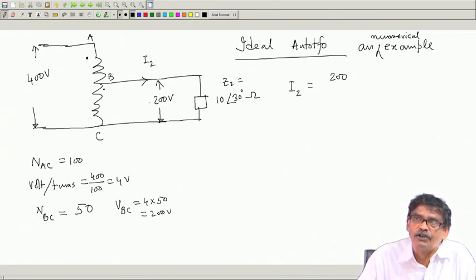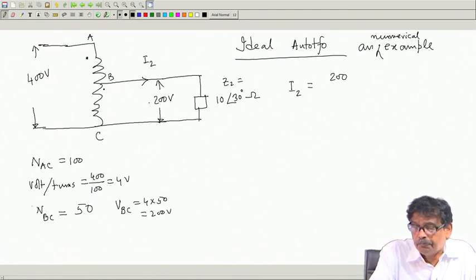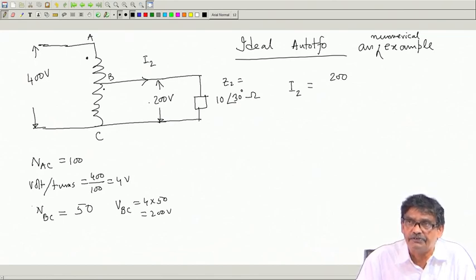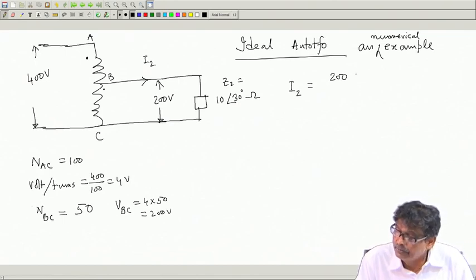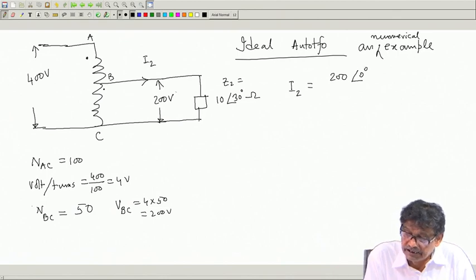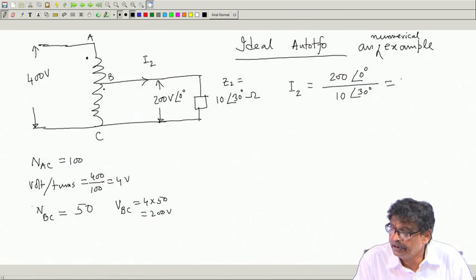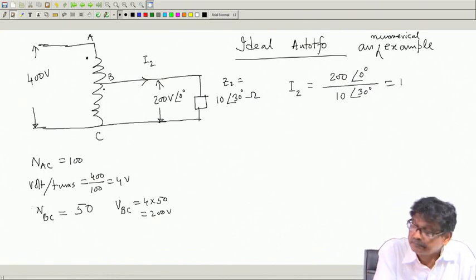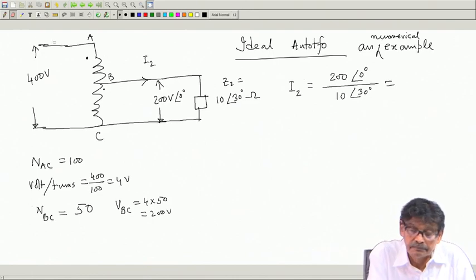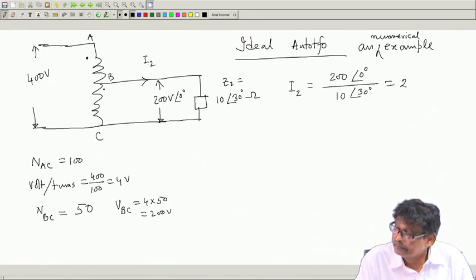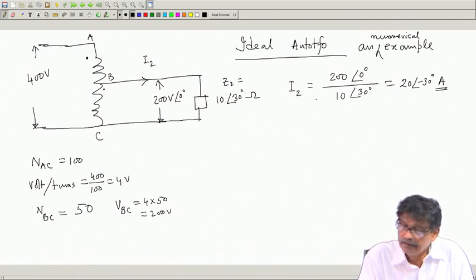Why? Because common flux, all this part of these coils same flux is crossing, only thing number of turns are different. Therefore, I 2 will be taking this voltage in reference, I 2 I will calculate simply like this, and which will be equal to 20 minus 30 degree ampere. I will get I 2.